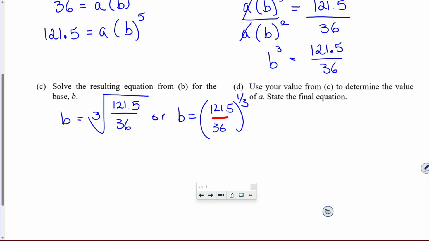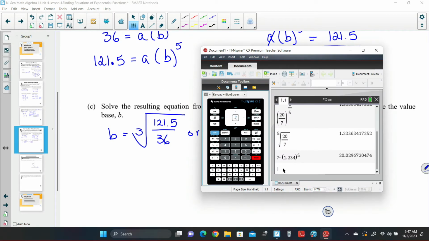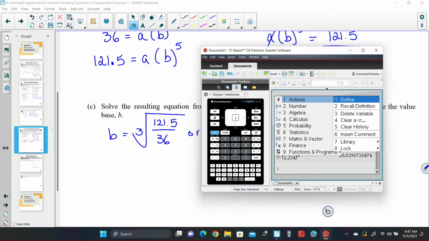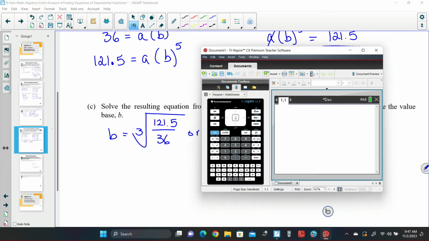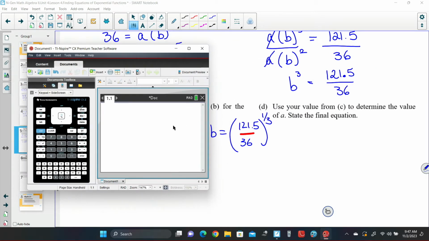Again, I kind of like the 1/3 power only because you've already seen I sort of struggle a little bit getting the general root in there. Anyway, I'm going to clear out my history. So what I'm going to do is I'm going to, I think, do this version of it. I'll put down a parentheses, have my fraction. I have 121.5 divided by 36.